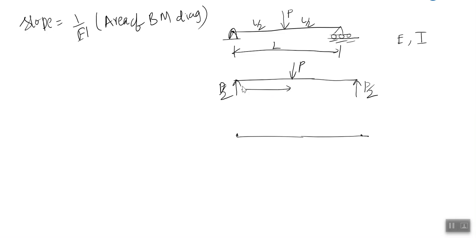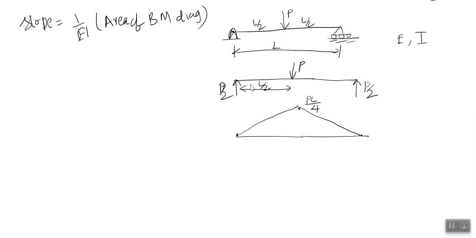This is our L by 2. So here the bending moment will be P into L by 4. And these 2 points I am joining through a straight line, since the bending moment is a function of order 1.